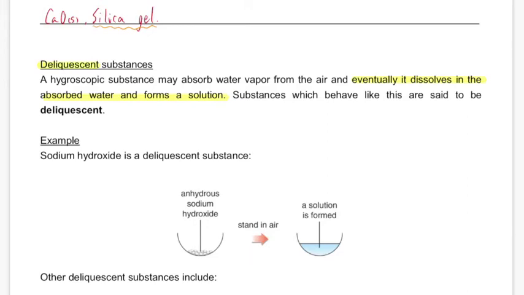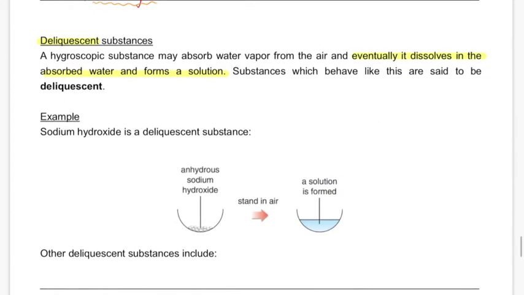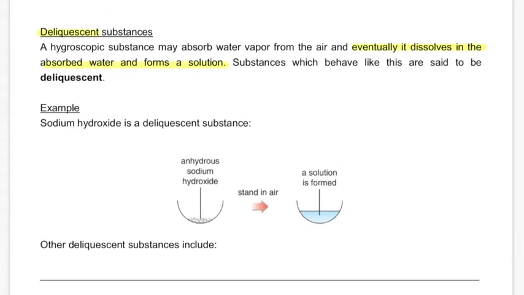Okay, so for example, anhydrous means no water in it. If we have anhydrous sodium hydroxide, after some time it will absorb water vapor in the air and turn into a solution. Okay, so that's deliquescent.